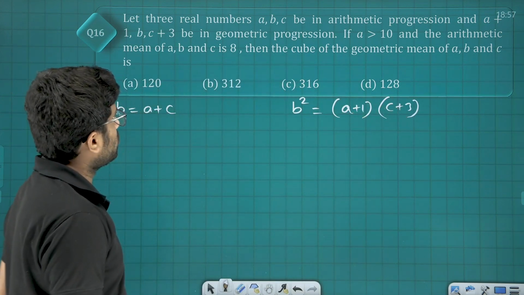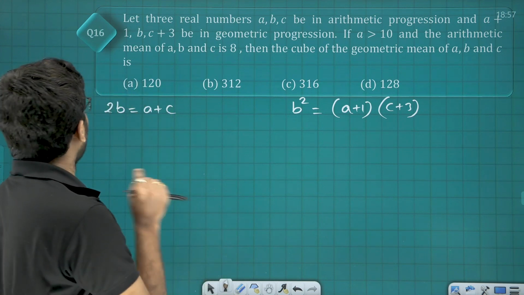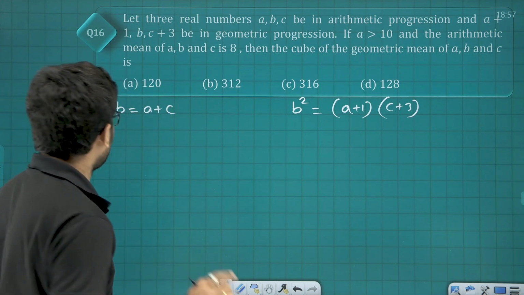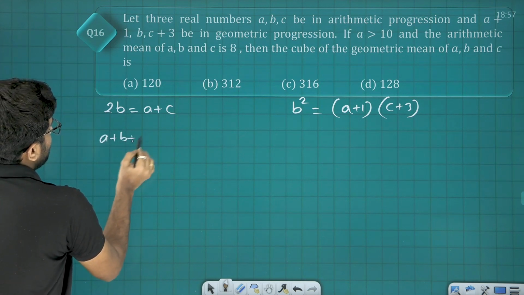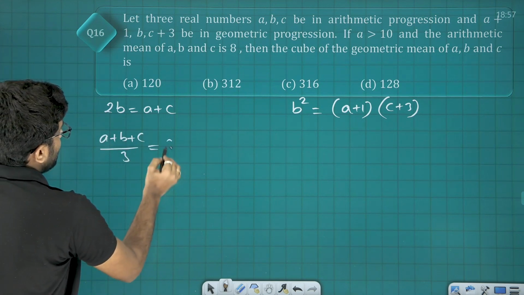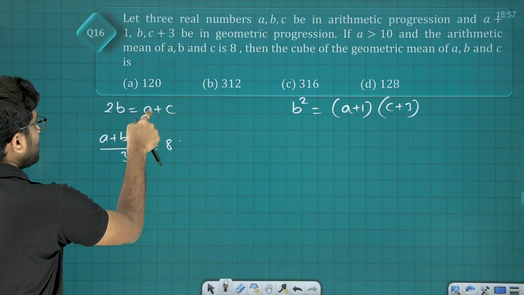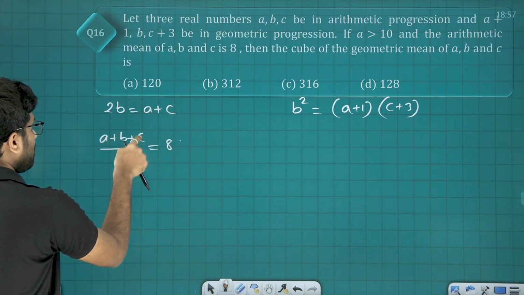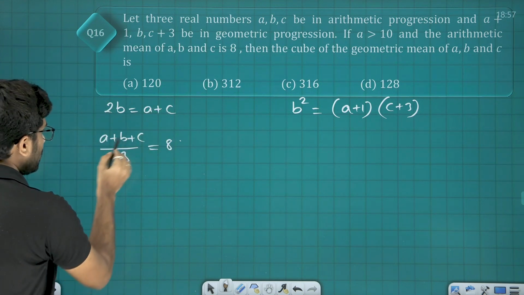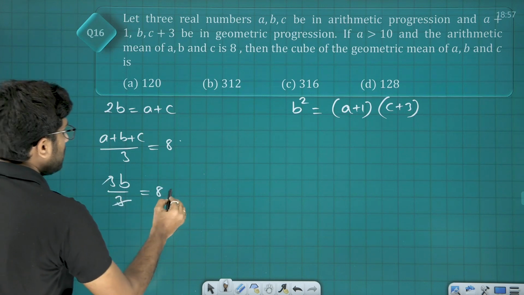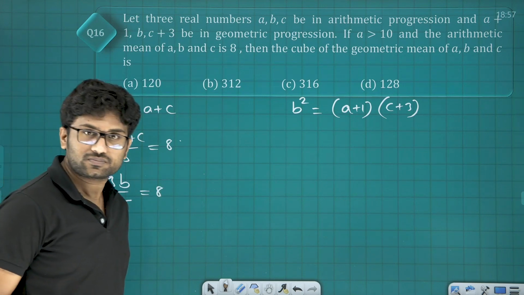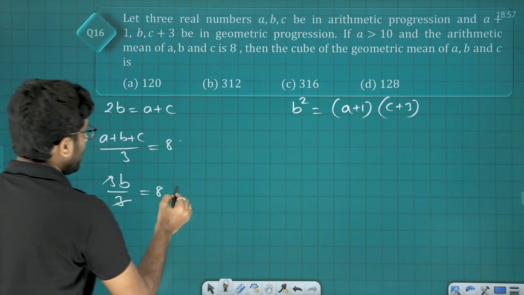If A is greater than 10, then the arithmetic mean of ABC is 8. Arithmetic mean of ABC 8 means (A plus B plus C) divided by 3 is 8. We know A plus C is 2B, so (2B plus B) by 3 is equal to 8. So B is equal to 8, friends.